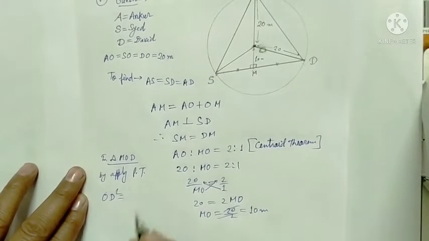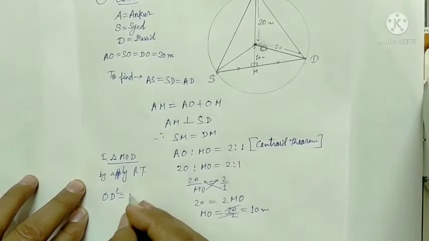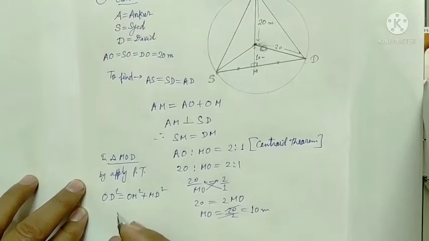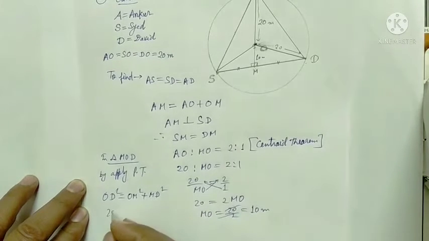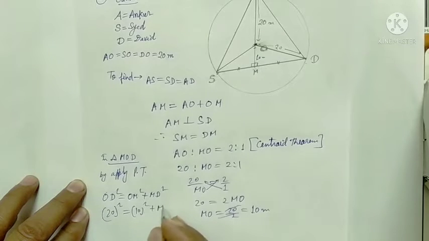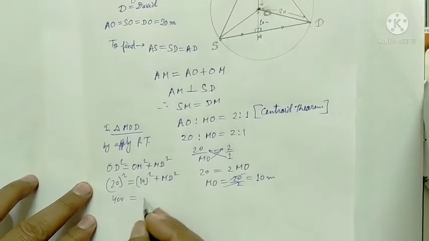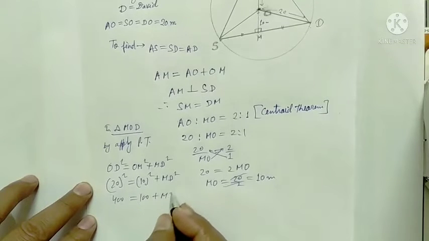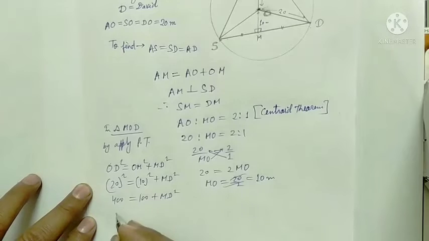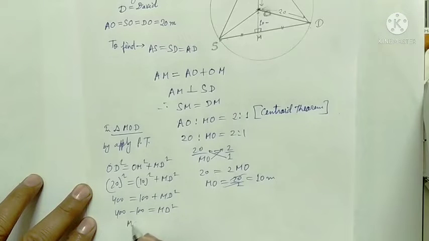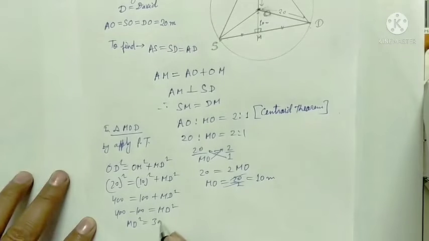OD square is equal to OM square plus MD square. OD means 20, so put 20 square here, is equal to OM 10 square plus MD square. So 20 square is 400, 10 square is 100 plus MD square. Now 100 will go to this side. Then 400 minus 100 is equal to MD square. So MD square is equal to 300.